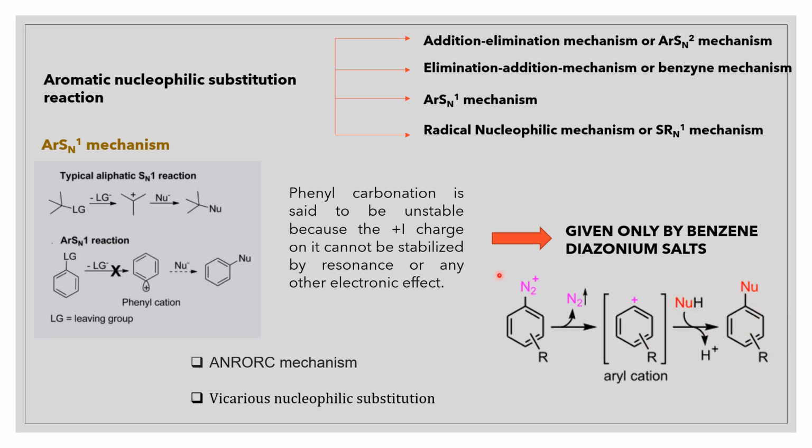You have to keep in mind that this mechanism is possible only in the case of benzene diazonium salt. For any other substrate, you cannot get this type of mechanism. And another point is that this mechanism is also known as unimolecular mechanism and vicarious nucleophilic substitution as well. So this is all about the aromatic nucleophilic substitution reaction through ArSN1 mechanism.